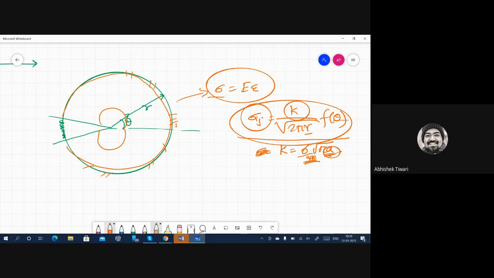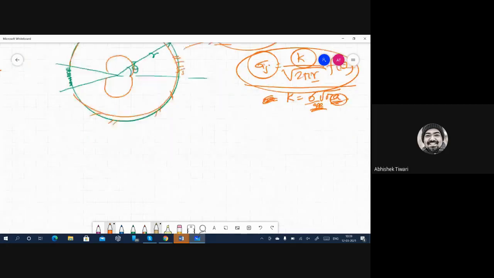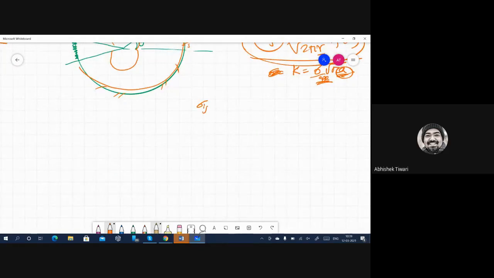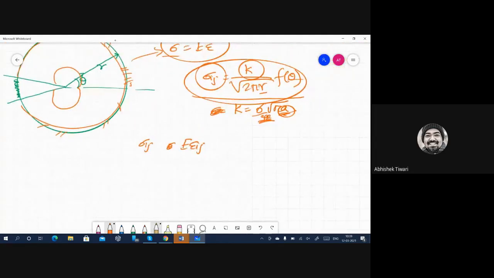How can I do it? I know that at this boundary, theory of elasticity is being applied. So sigma ij, I will simply write as E into epsilon ij. And from this, I can calculate how much displacement I will have to apply.